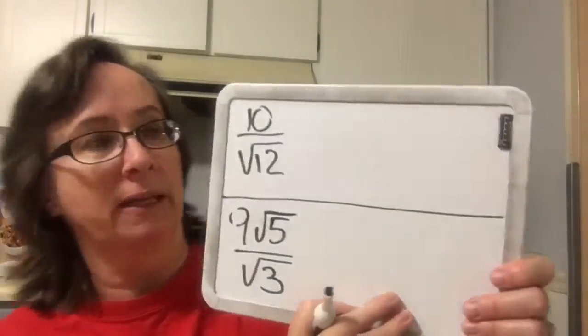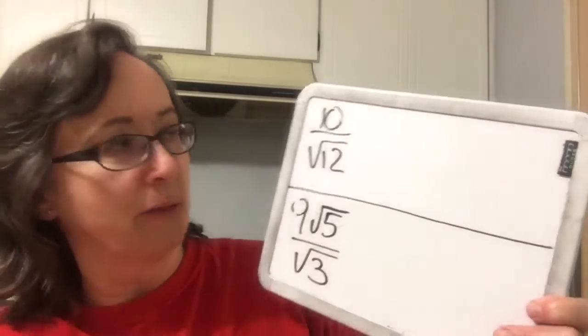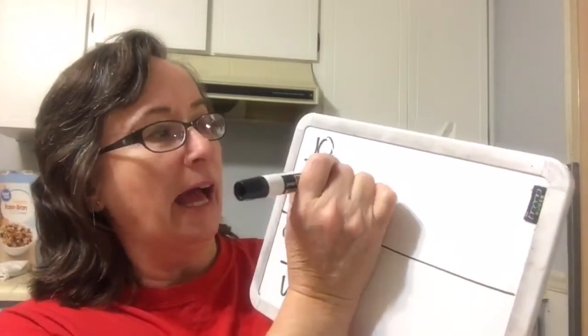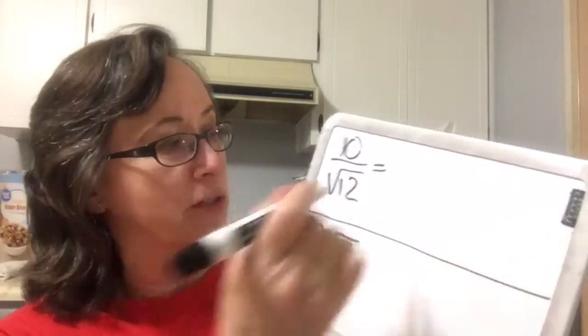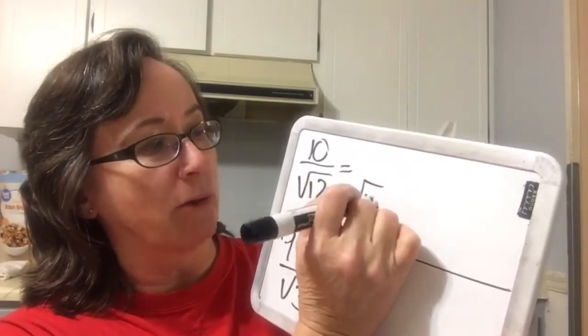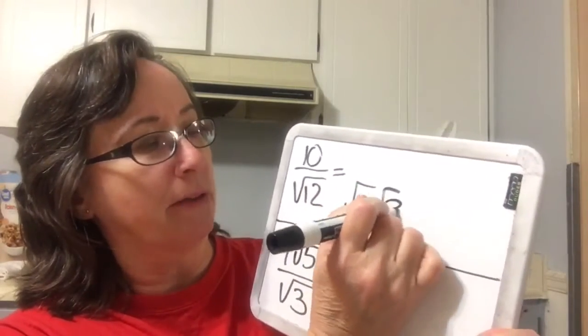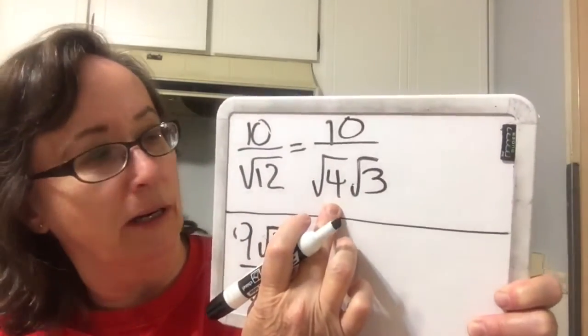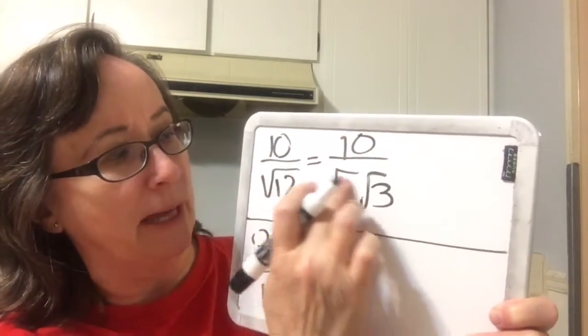All right, so now let's look at the next one. We have 10 over the square root of 12, but again, square root of 12 is not simplified. I usually simplify first. So I would make that the square root of 4 times the square root of 3, and this square root of 4 is then going to become a 2.